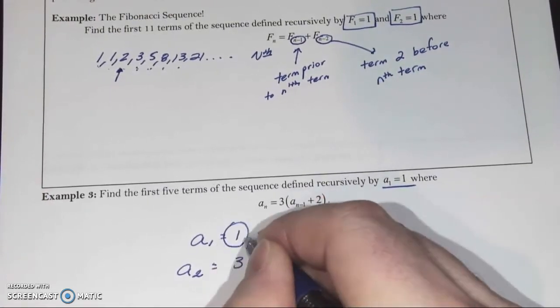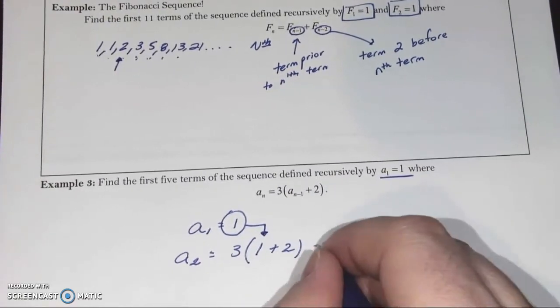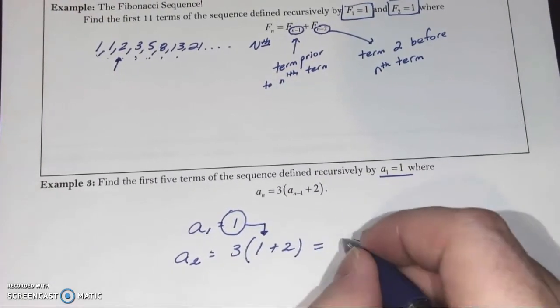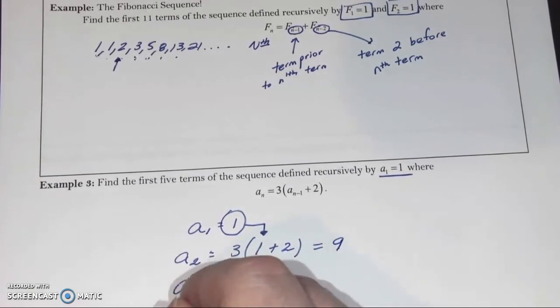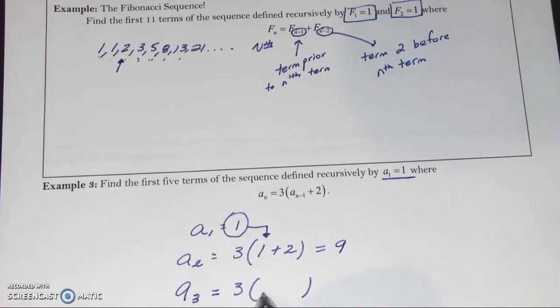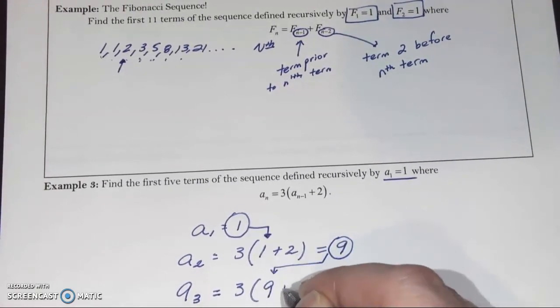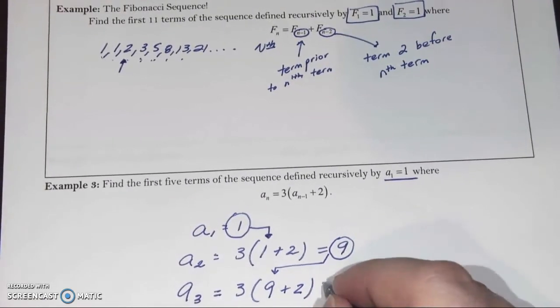So this moved and became the term before it. This ends up equaling 3 times 3 is 9. The third term is going to be 3 times the one before it, plus 2. 3 times 11 is 33.